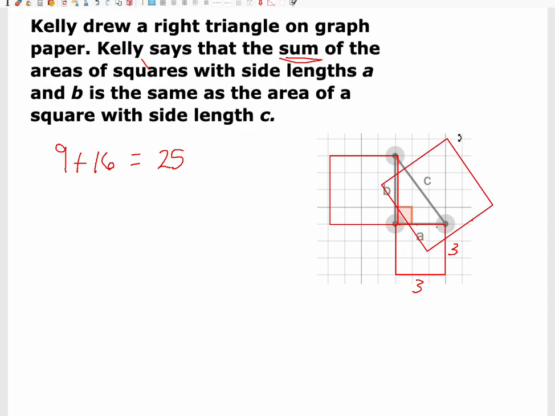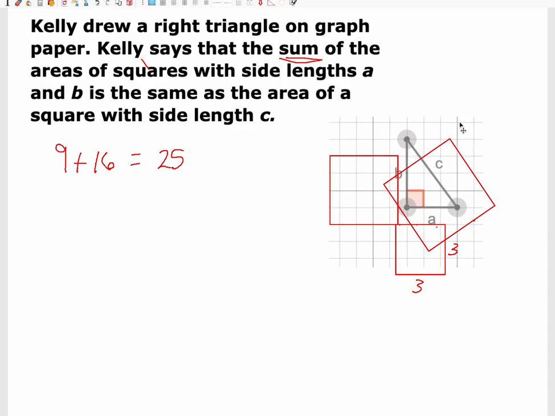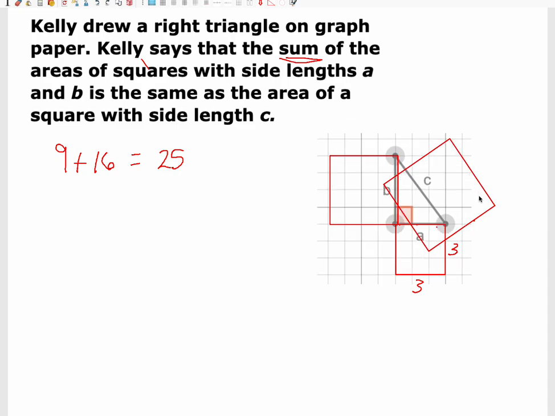Oh, I can kind of do it. It's not in the right place. Then I can move it. Okay. Something like that. It should be that these 2 squares added together have the same area as that one square. It looks to be pretty close.